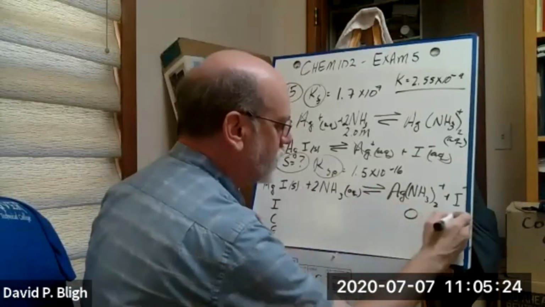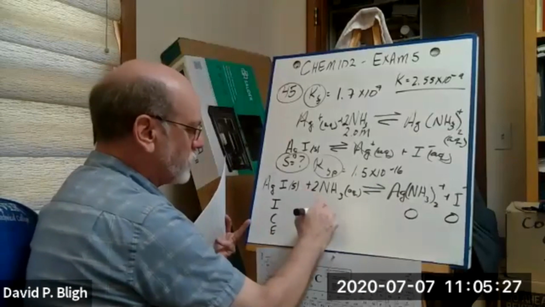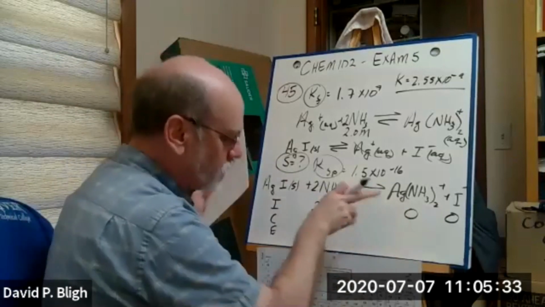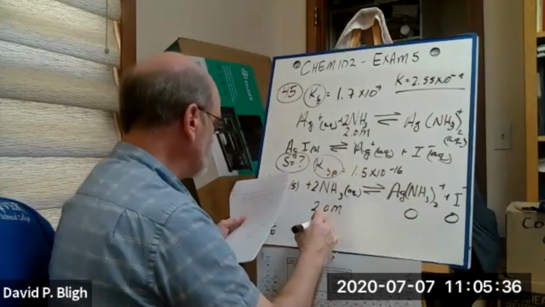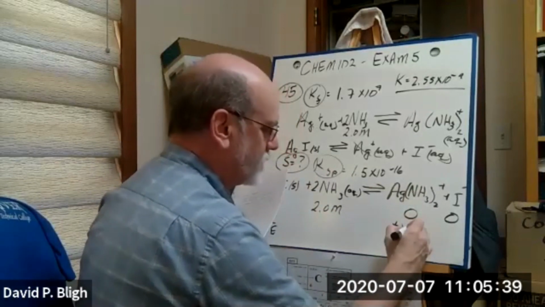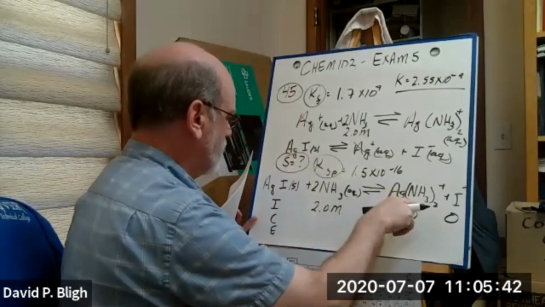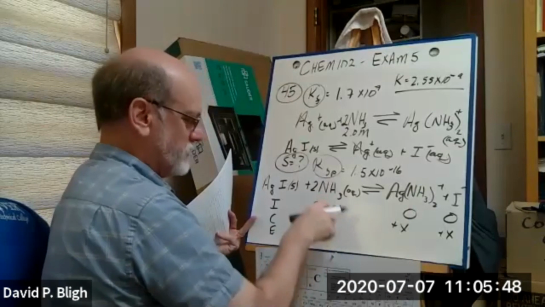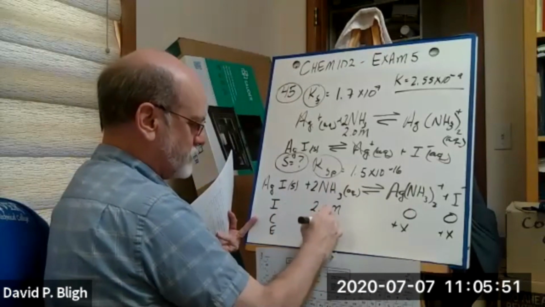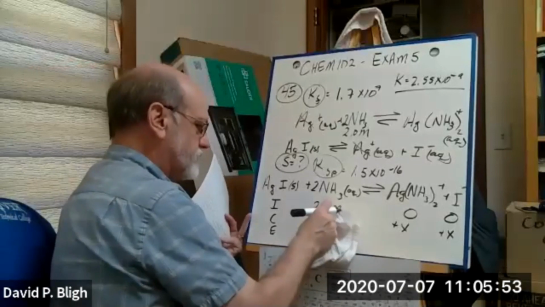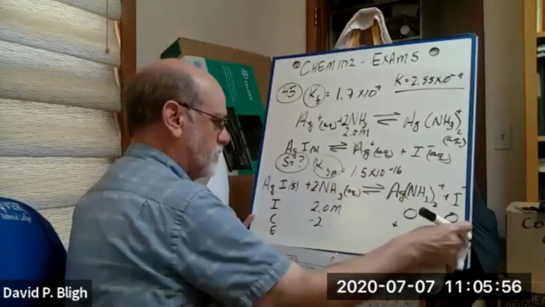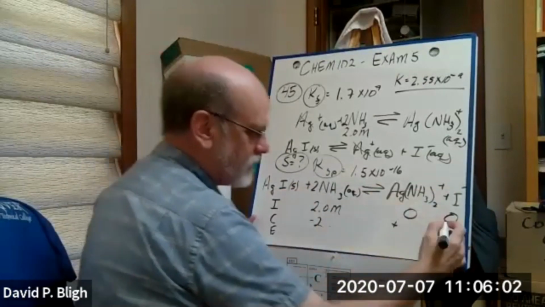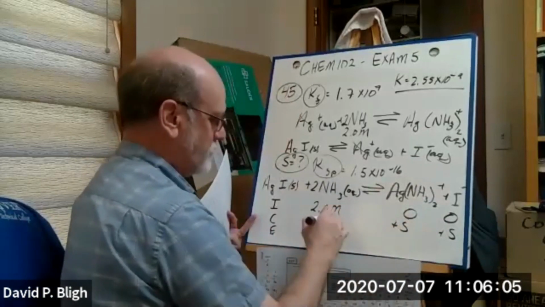We're starting off with 0 here and 0 there, and this is 2 molar. Now the change is going to be, we're going to produce some of that, and then in the ratio of 1 to 1, we're going to lose 2 of these, right? 2 to 1, minus 2X. Well, make X into S. Since this is 1 here and 1 here, this S is the solubility.